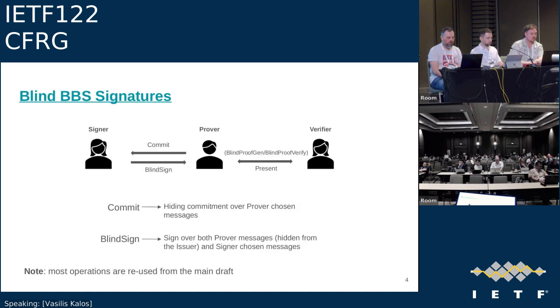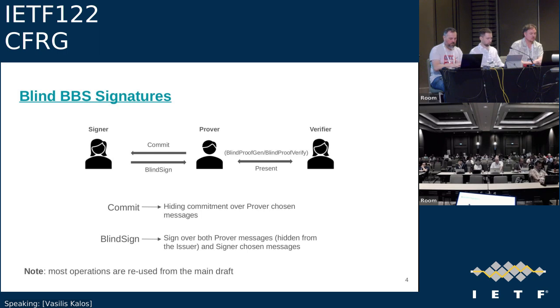Moving on now to the newly adopted extensions. First of all, blind signatures. The difference here compared to the main document is that some of the messages that are going to be signed will not be known to the signer. So the prover will use this new commit operation that will produce a hiding commitment over some messages of their choosing, together with a proof of possession of those messages, or of correctness of the commitment.